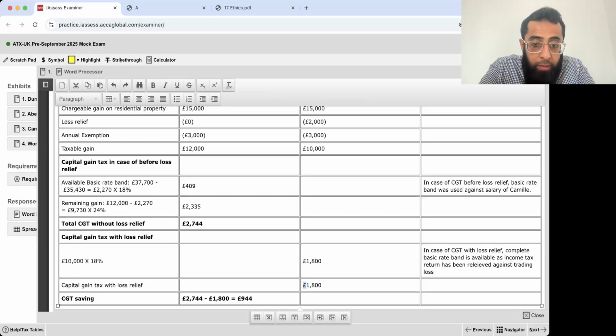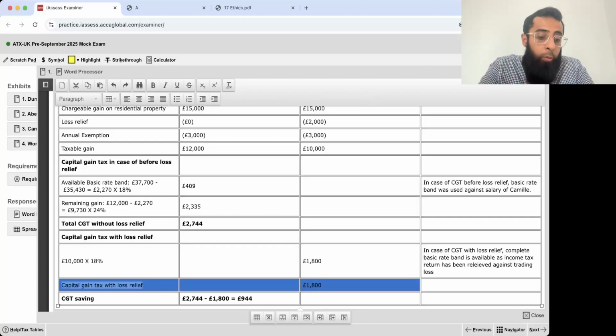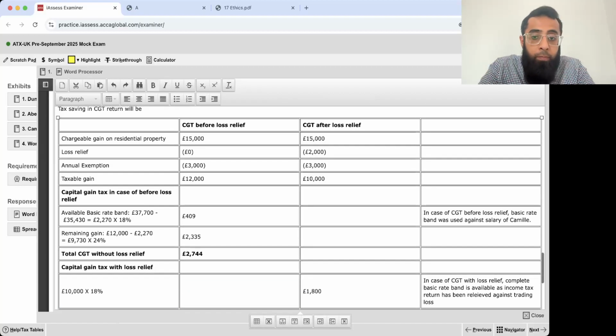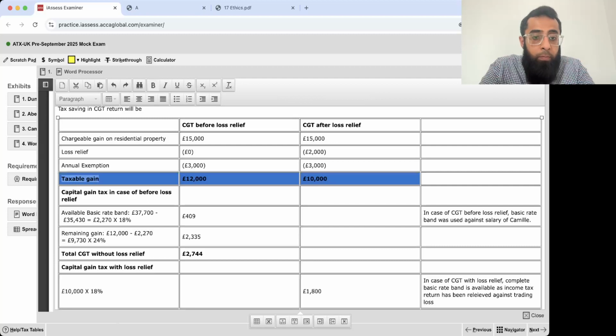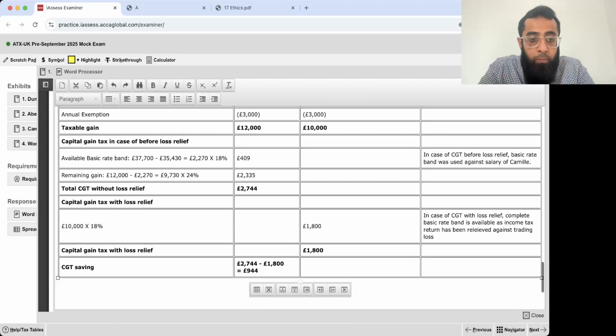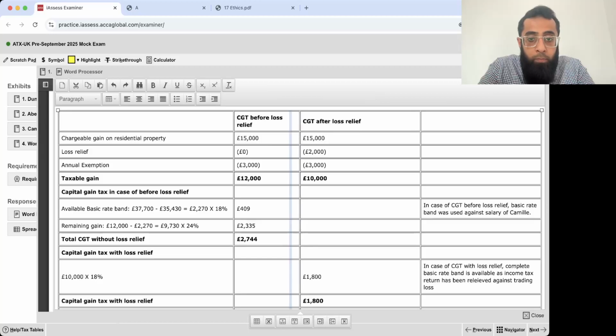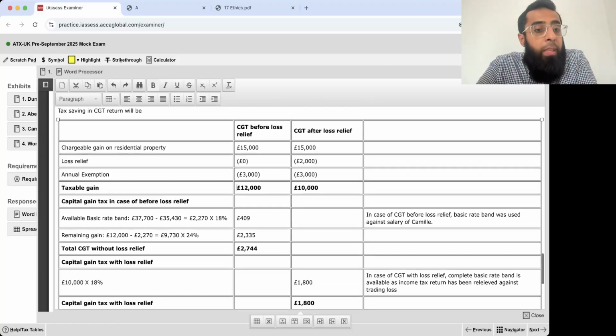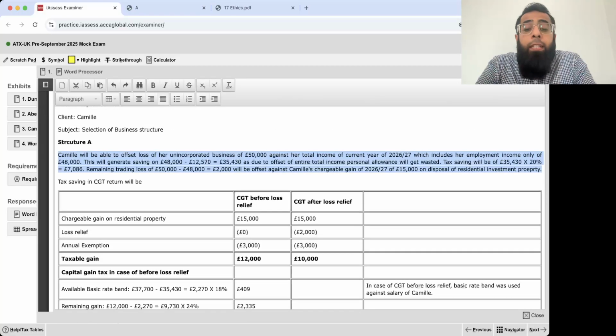Just give me a second and then I will repeat it again. Now, first of all, in case of structure A, you talked about the income tax saving. That was very simple.